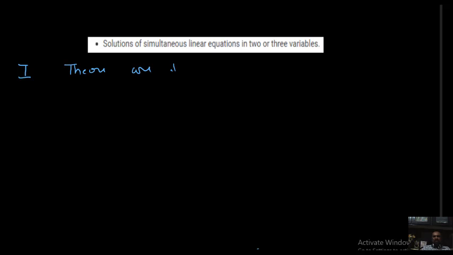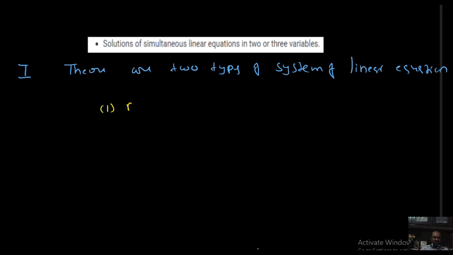One is non-homogeneous linear equations.